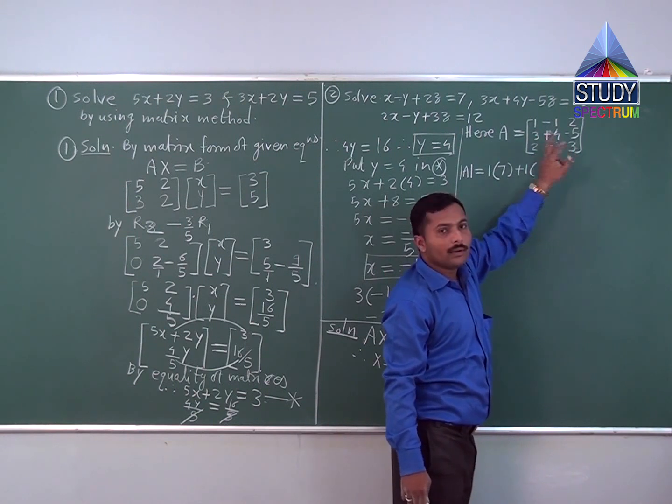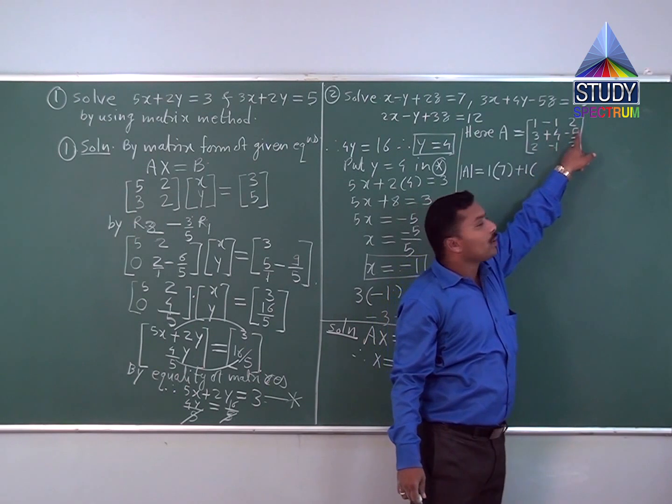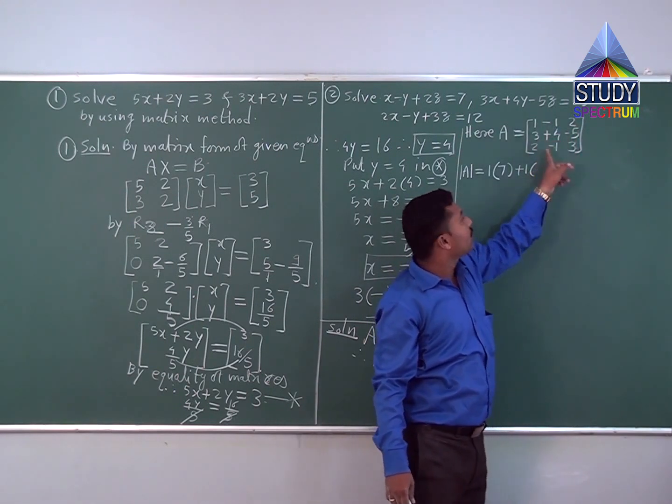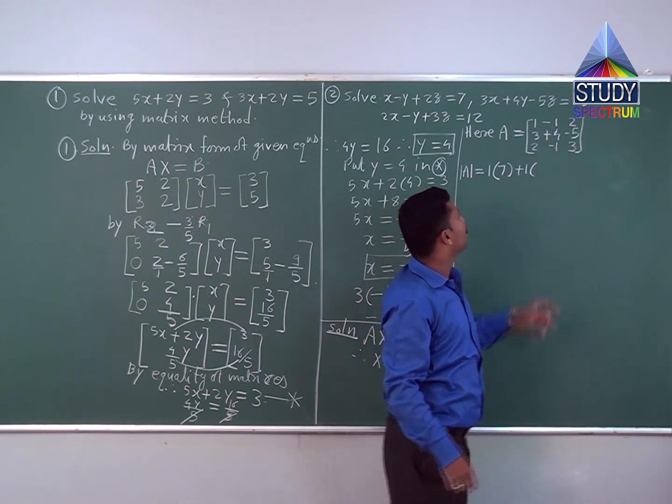So 3 into 3 is 9, minus 2 into minus 5 is plus 10, so 9 plus 10 is 19.